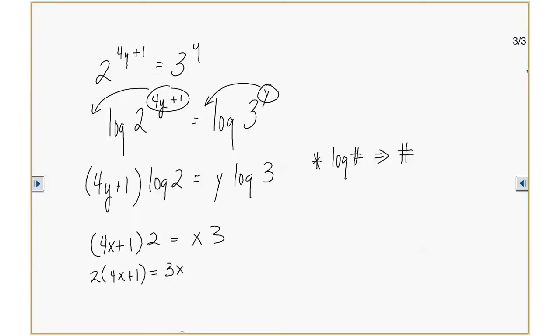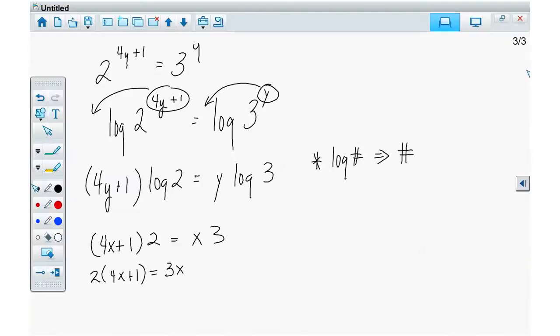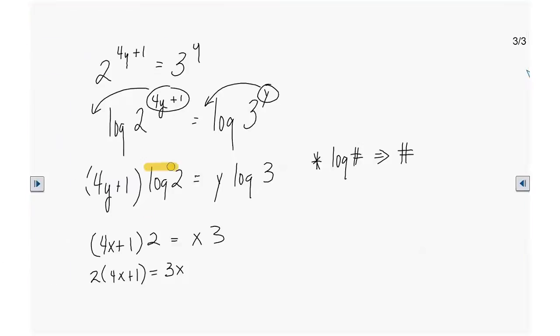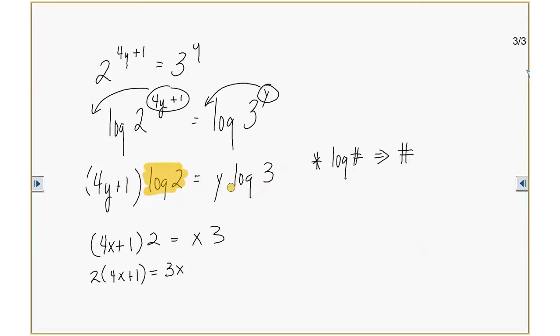And then you won't finish the problem, right? Well, what are these two guys right here? They're numbers. So either treat them like numbers or put them in your calculator and turn them into numbers. Whichever one you want to do.